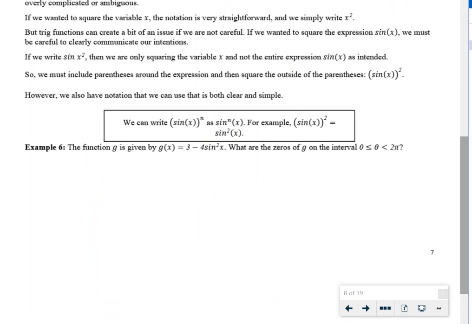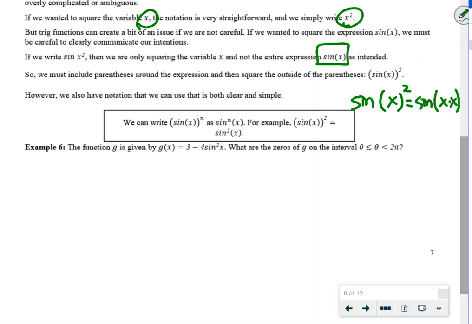When you think about squaring x, then we just put x squared. But when you are squaring sine x, you have to be careful with notation, because when you put sine x squared like this, actually this represents sine of x times x inside of the parenthesis.